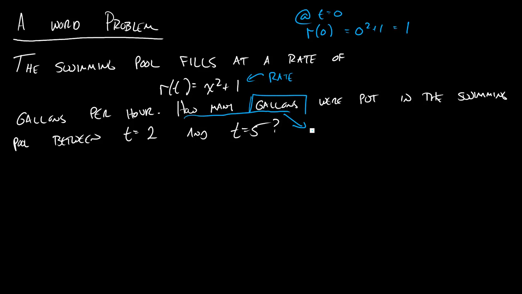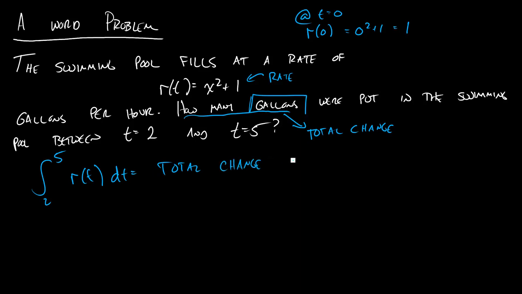How many gallons is just a total change, right? And so what we had practiced in previous sections was that if we integrate a rate from 2 to 5, we'll get the total change between t equals 2 and t equals 5.